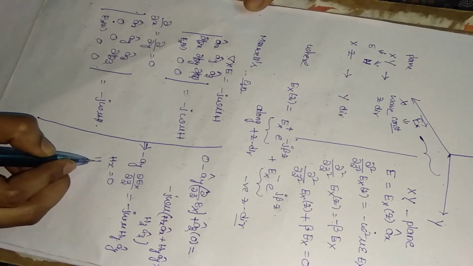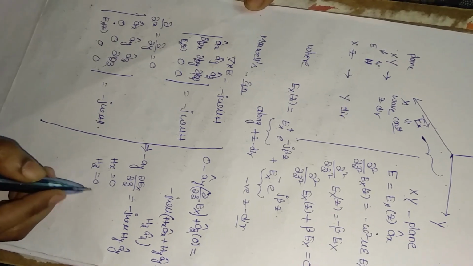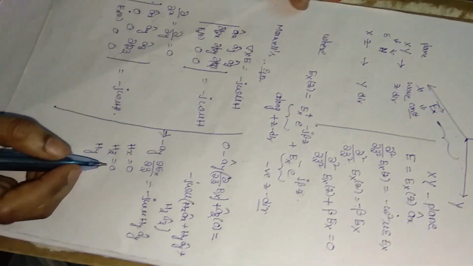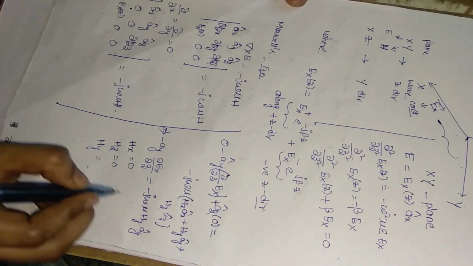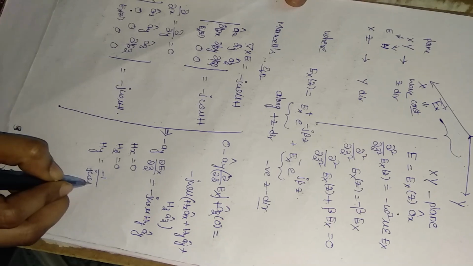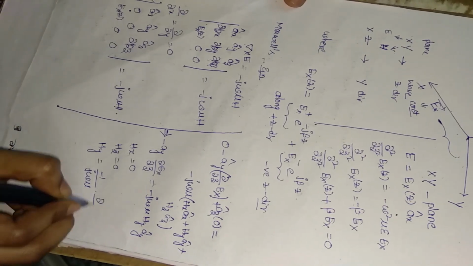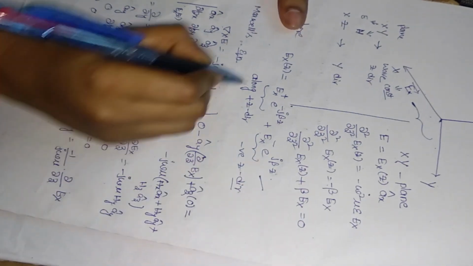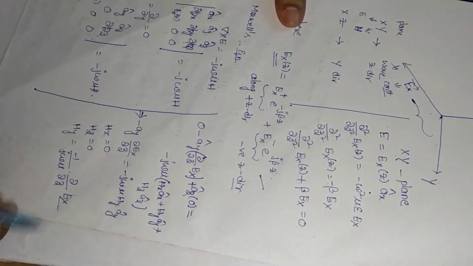Hx is equal to 0, Hz also is equal to 0, and Hy is equal to minus 1 by j omega mu into d by dz of Ex. So we have Ex as defined like this.